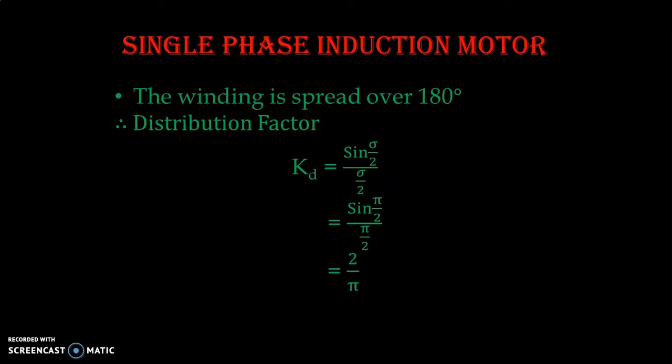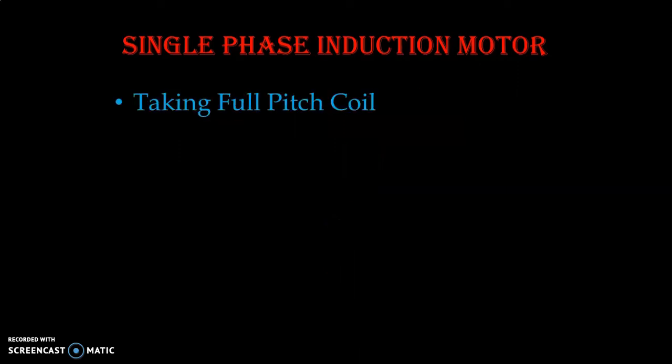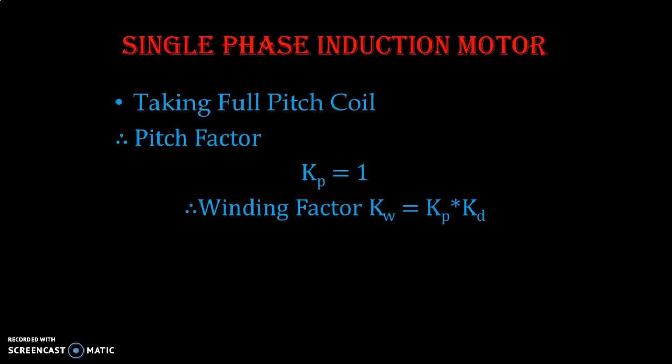So distribution factor Kd is 2 by pi. We are assuming that our coil is a full pitch coil, so pitch factor Kp is equal to 1, and winding factor is the product of Kp and Kd. Kp we have taken as 1, so winding factor Kw is exactly equal to 2 by pi.